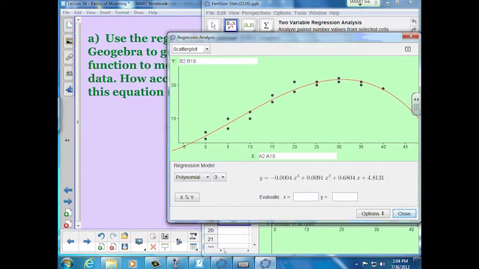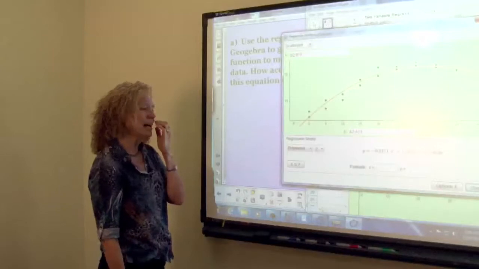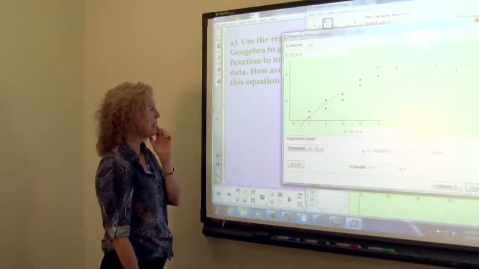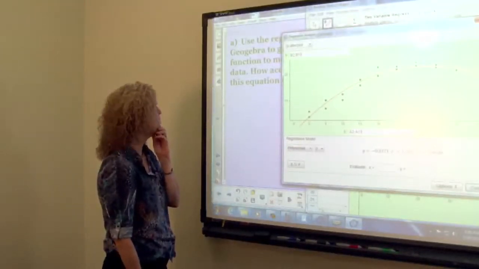You're not seeing the entire cubic, but you can see that maybe that fits the data a little bit better. And there's your third degree equation. I could do a fourth degree. And I could do a fifth degree. Oh, these can get crazy. And you can do a lot of interesting investigation. I kind of like the quadratic, and I'll tell you why as we get a little bit further along.